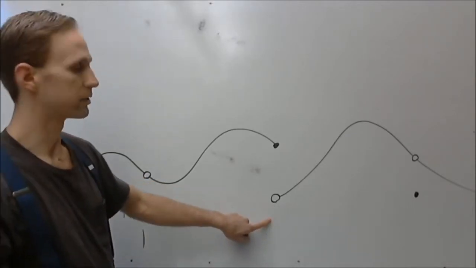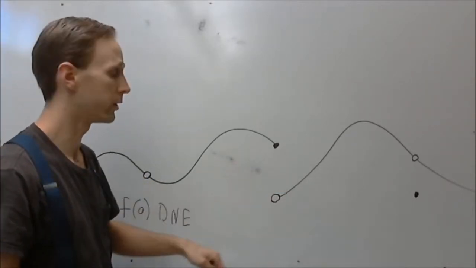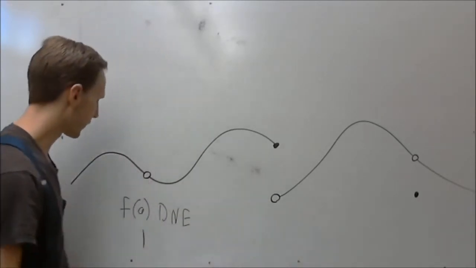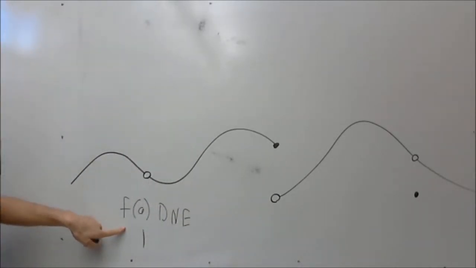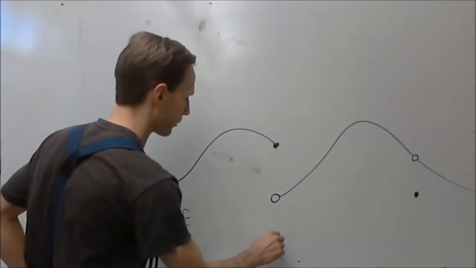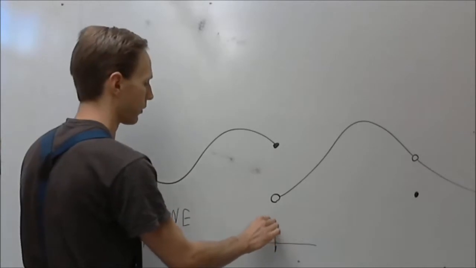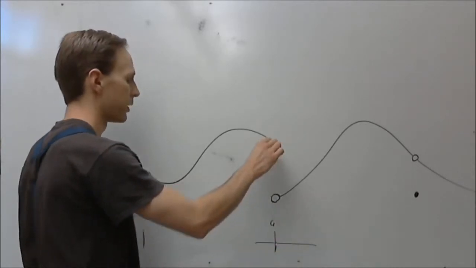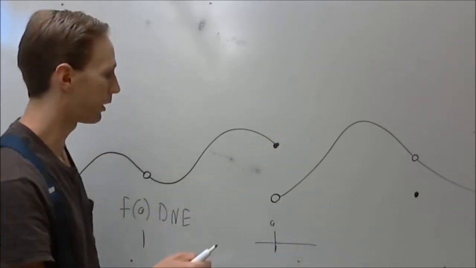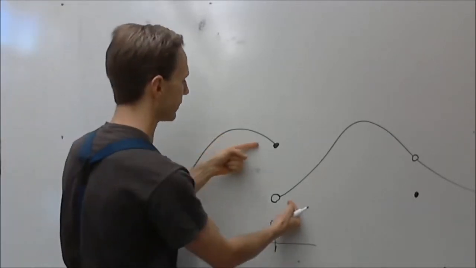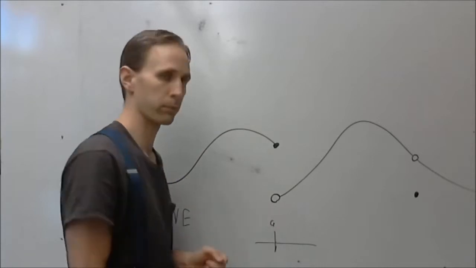In this case, it's still a discontinuity. You can lift up your pencil. But what makes it so? Well, it satisfies the condition that this one did not, right? F of this number, whatever this x value is here, call it a, f of a is this. So f of a exists, but it's a discontinuous function because the limit does not exist as x approaches a.